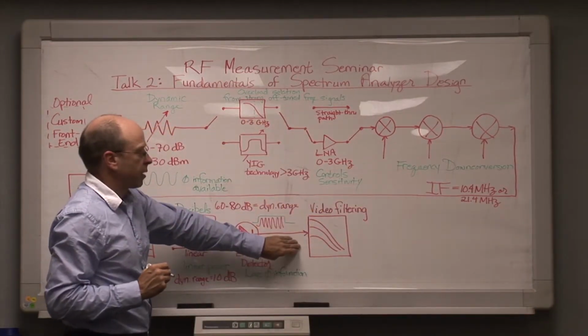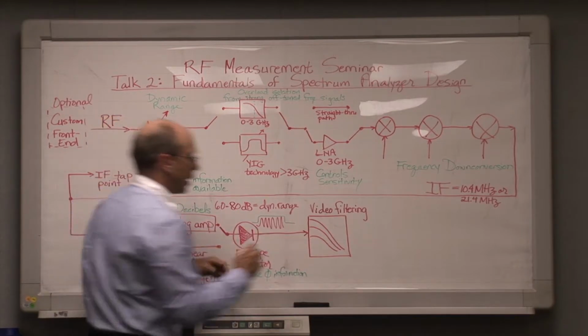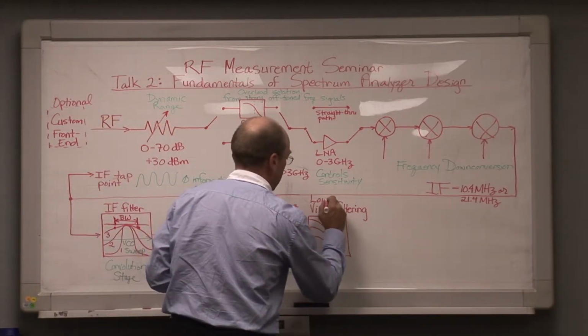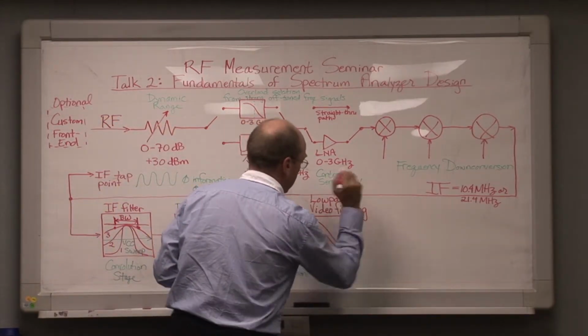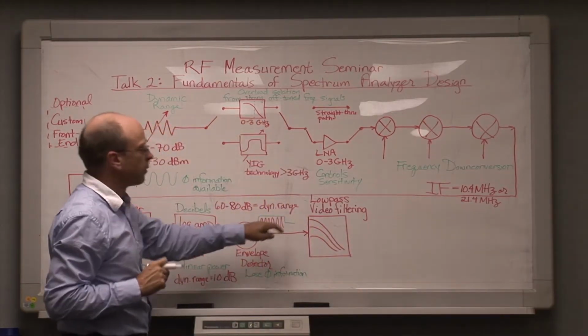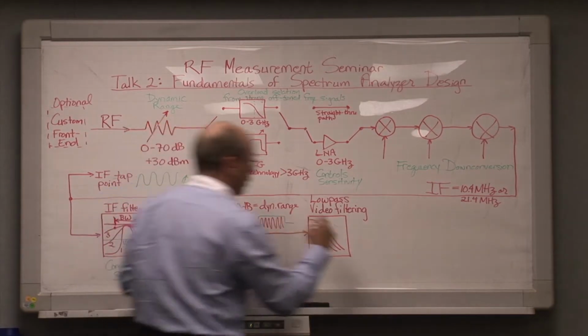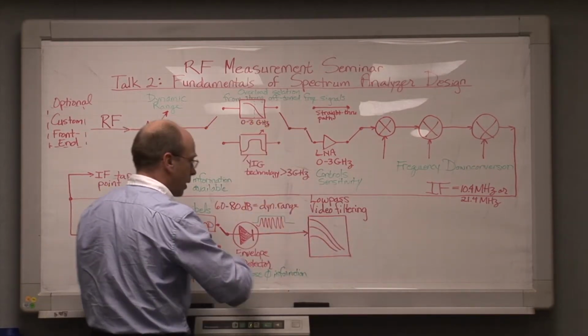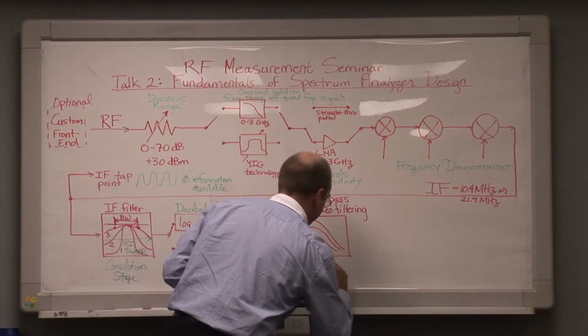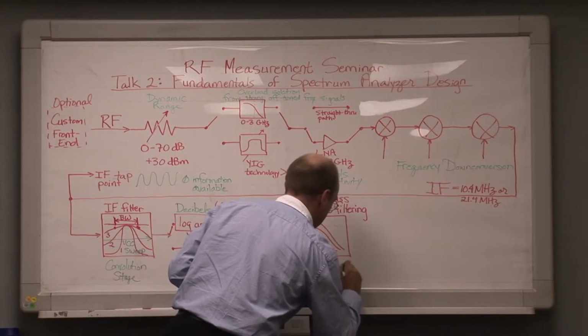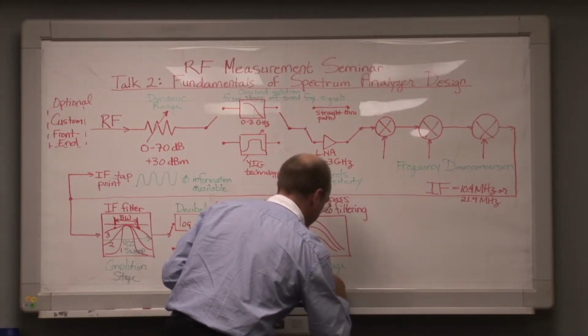In analog spectrum analyzer designs, the point of the low-pass video filtering is to, in effect, smooth the waveform, remove high-frequency components, and functionally provide an average power measurement.